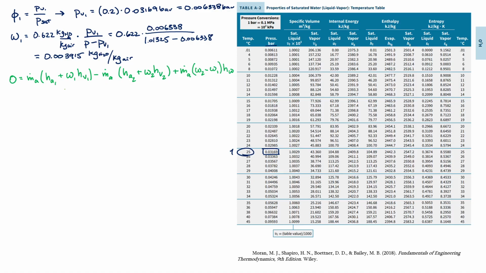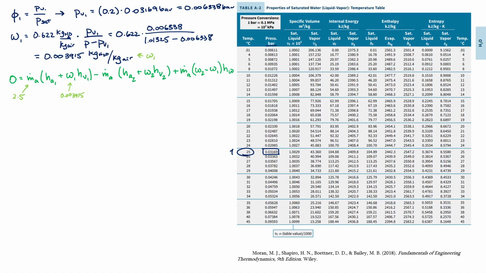Okay, let's go ahead and start filling this in. So omega 1 I have. That is 0.003915. That's from right here. That is omega 1. Mass flow rate of air is 2.5 kilograms of air per second. We were given that. We need these enthalpy values. So I'm going to do the enthalpy values for the vapor because I have my steam tables here.